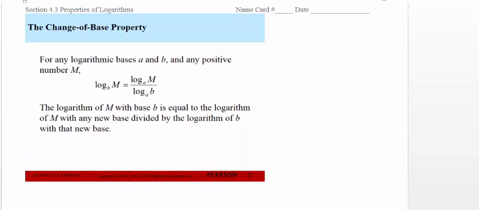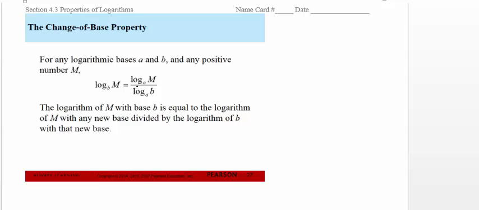So we'll go on to the change of base property, which basically says for any logarithmic bases a and b and any positive number m, the base b log of m is the base a log of m divided by the base a log of b.